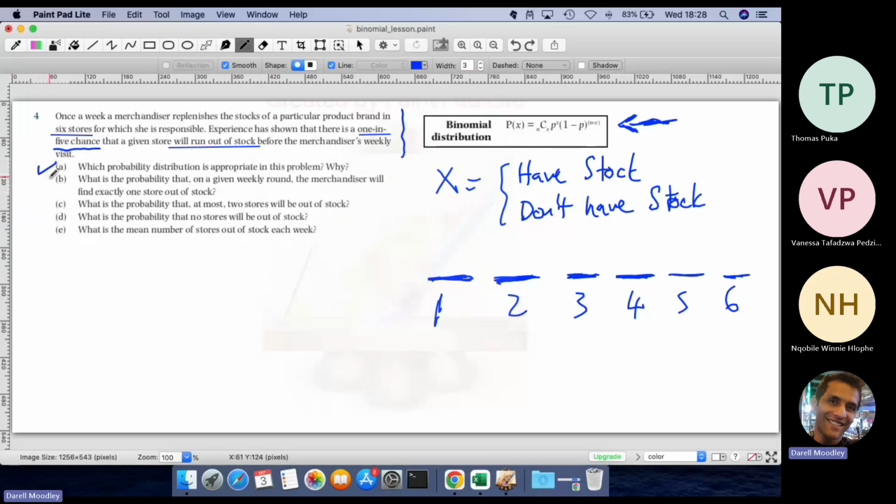Now let's get down to the calculation question. Right, question B: what is the probability that on a given weekly round, the merchandiser will find exactly 1 store out of stock?